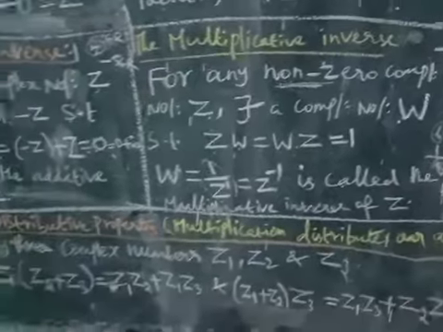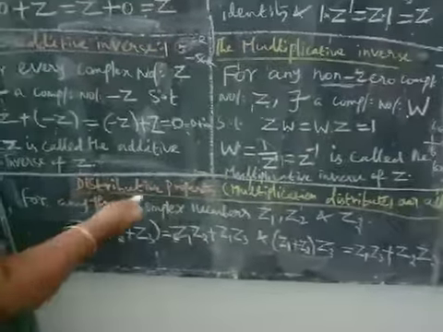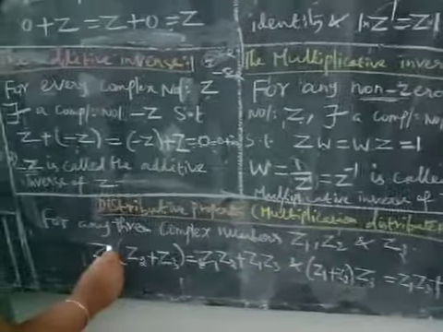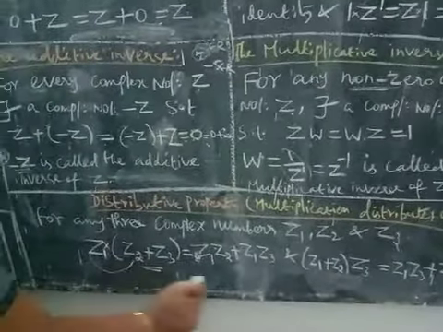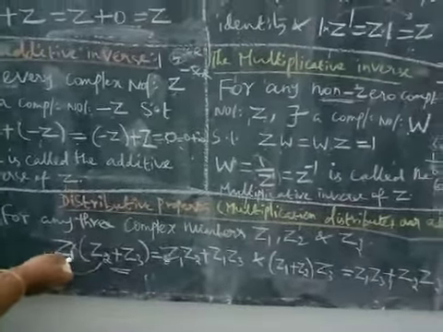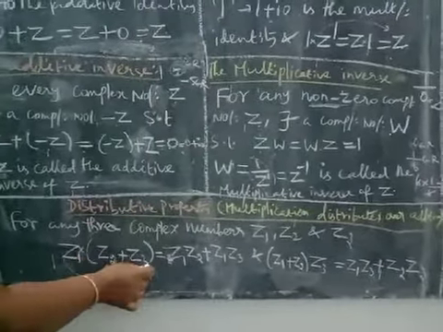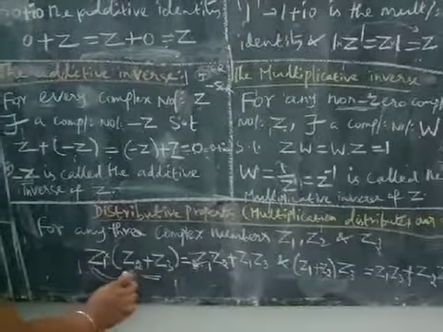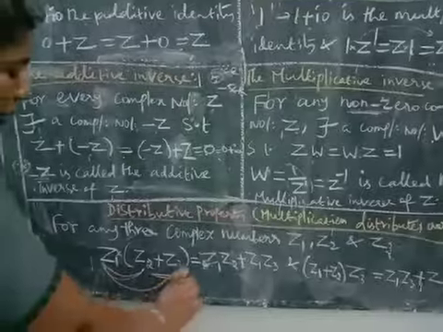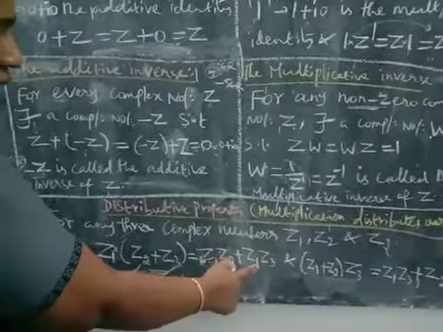Okay. Now the distributive property, that is, multiplication distributes over addition. Now the property is z1 into (z2 plus z3) is equal to, you multiply these two, z1 into z2, put a plus symbol, then you multiply z1 into z3.